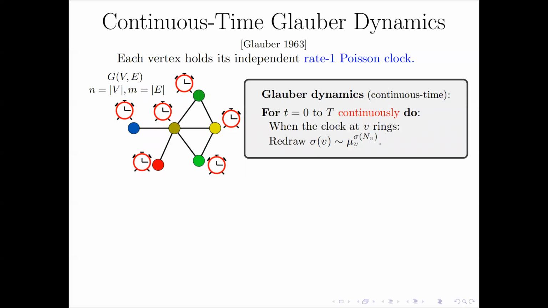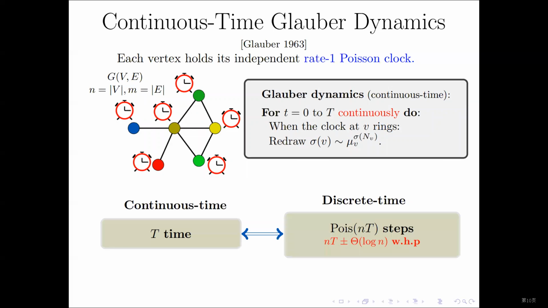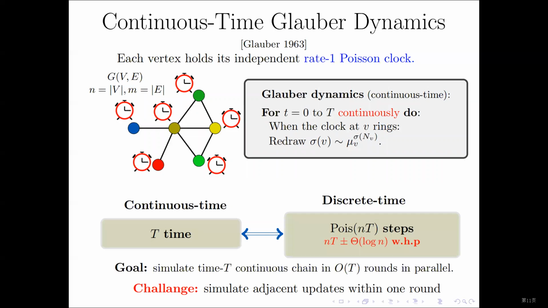Then for time from 0 to t, whenever the clock at node V rings, update V's color according to the marginal distribution on V. The continuous time and discrete time processes are equivalent up to a speedup factor n. Now, our goal is to simulate the time t continuous time chain in O(t) rounds in parallel. The main challenge is that when simulating adjacent updates within a round, it may cause concurrency issues.